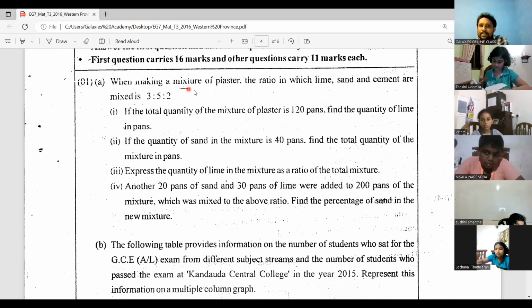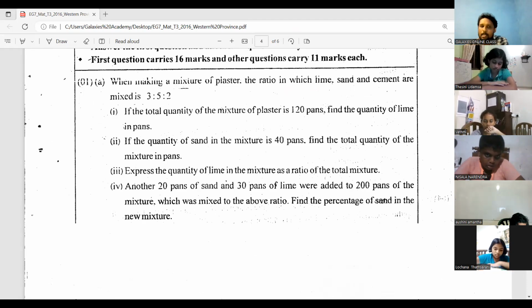When making a mixture of plaster, the ratio in which lime, sand and cement are mixed is 3 to 5 to 2. Right. Also, write down in your book, part 2, first question.